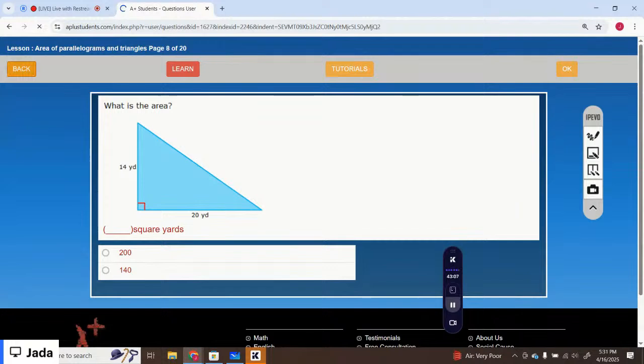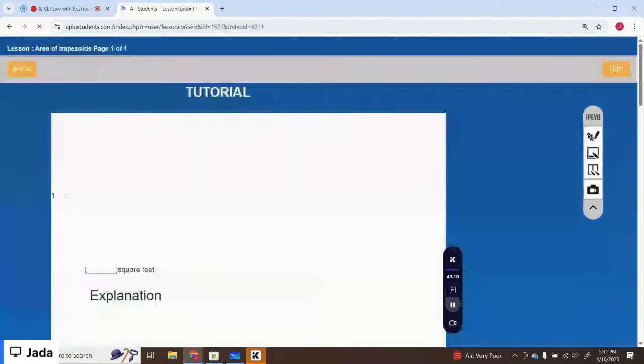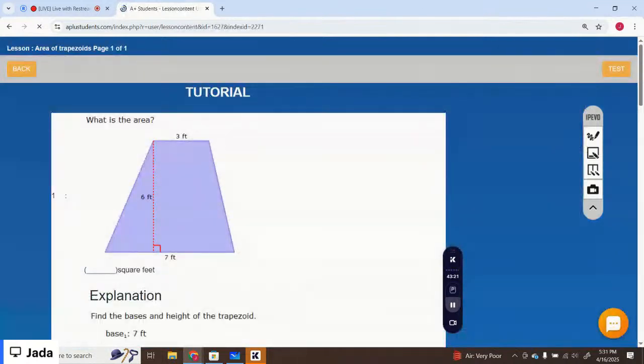Let's just move on to the next lesson. The next lesson is area of trapezoids. What is the area?